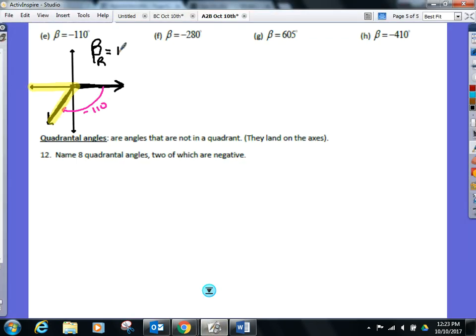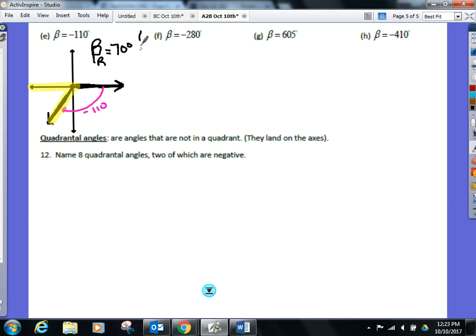Yep, 70. A couple different ways here. You could say, okay, that's 180, and I already have 110, so there's 70 left to go. Or some kids in third period were making this into a positive angle first by adding 360, then figuring out what that angle was and subtracting it from 180. It's up to you.